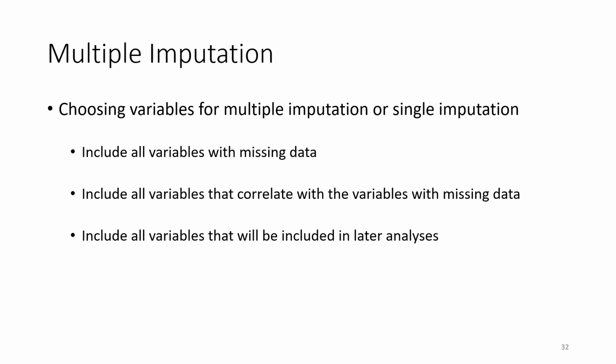You also want to include all variables that correlate with the variables that have missing data. And you should also include all of the variables that will be used in later analyses, even if they don't correlate with the variables that have missing data.